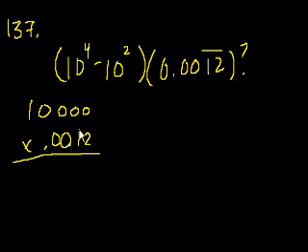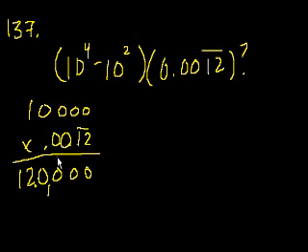The easiest way, and this 1, 2 keeps repeating, so we'll think about that in a second. What's 12 times 10,000? It's 120,000. It's 12 with 4 zeros. We have 4 numbers behind the decimal point, so it gets us there, right?